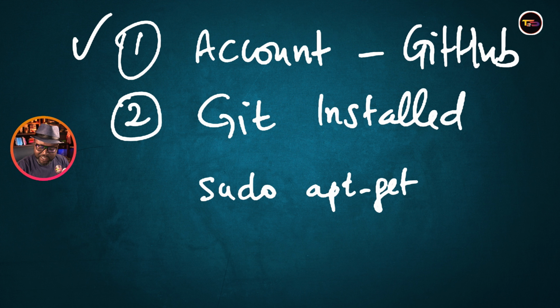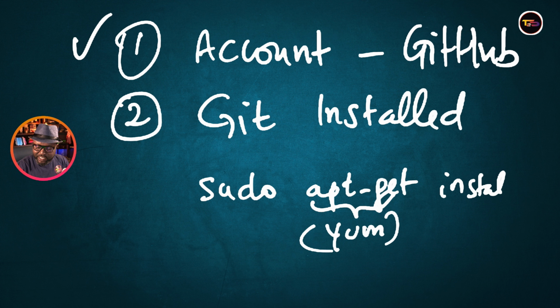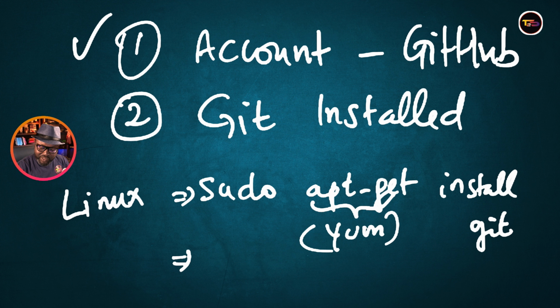That's what we call a package management utility in Linux. It could be apt, that's for Ubuntu or Debian based systems, or it could be yum for the other systems. Then you just say install git. That's the first command, and that's for Linux systems.